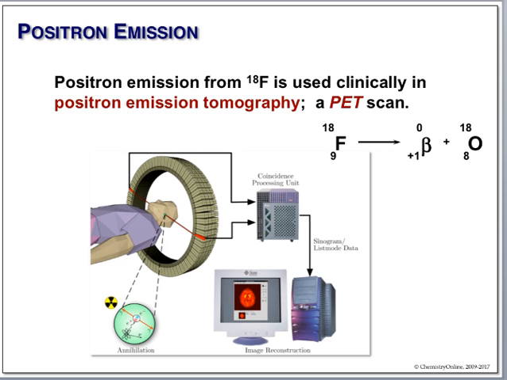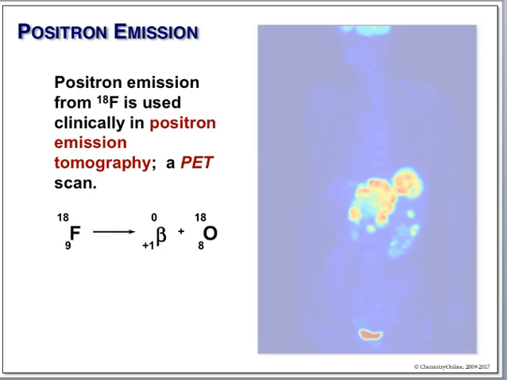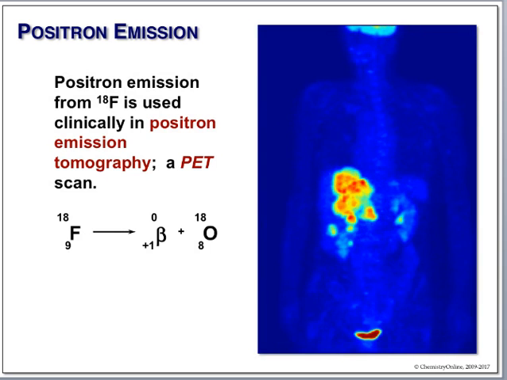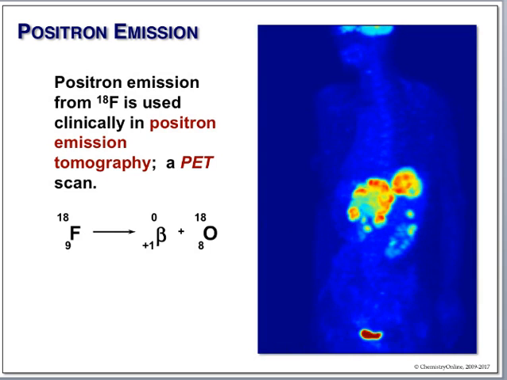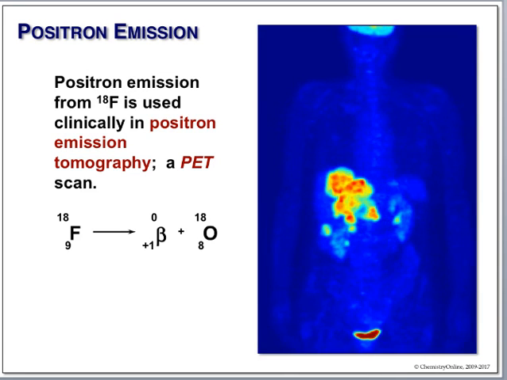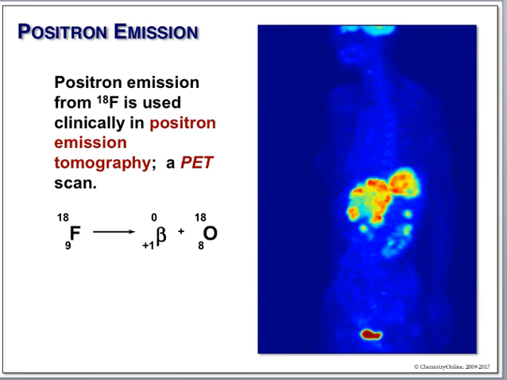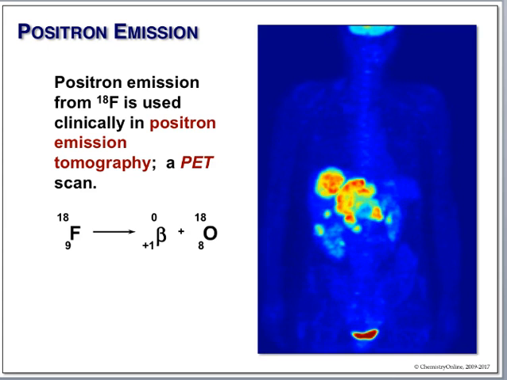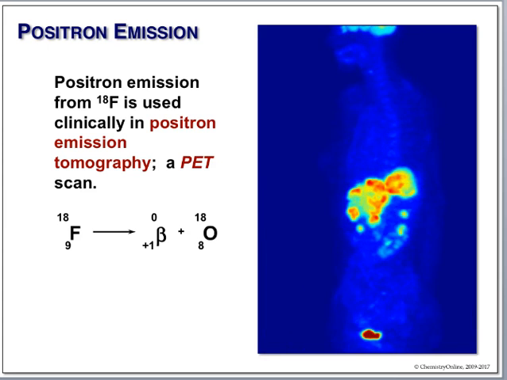With computer technology, you can move this ring back and forth over people and come up with a whole image. And this is a PET scan. So this is where the fluorine-18 is concentrated in this poor woman's abdomen. Any questions?